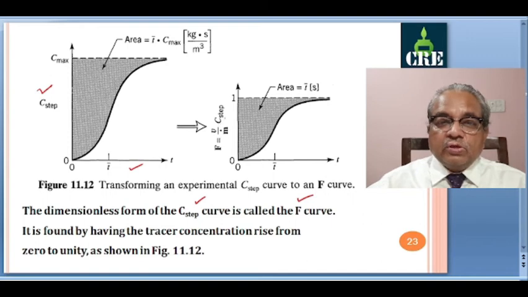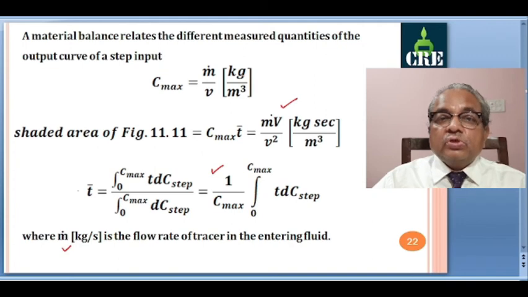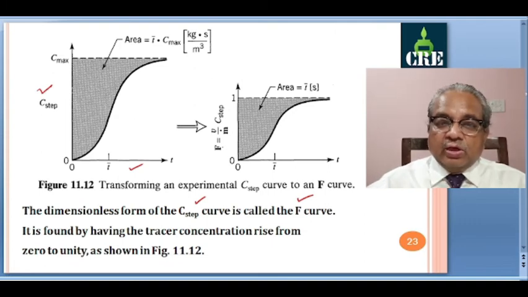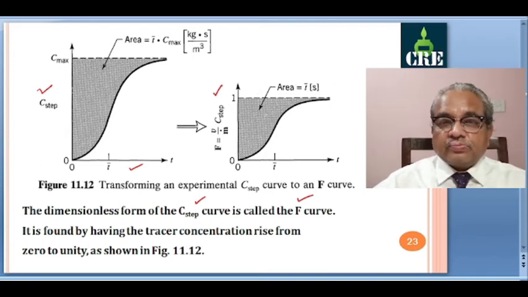So C step is multiplied by V by m dot, or divided by m dot by V, the same units, so it becomes dimensionless. F is equal to V by m dot into C step. The area under the curve will now be T bar into S, and this is from 0 to 1.